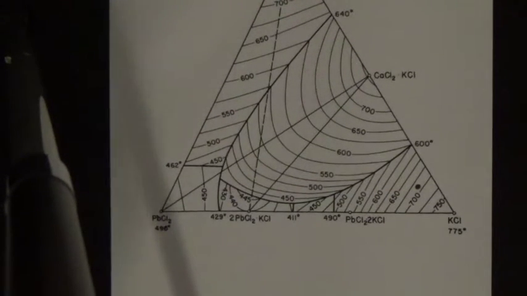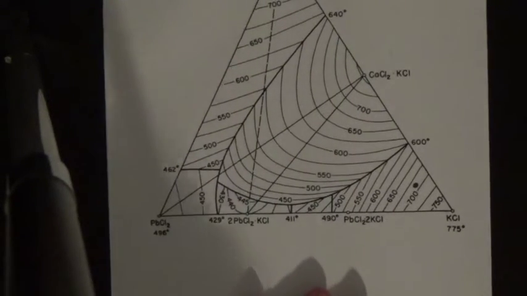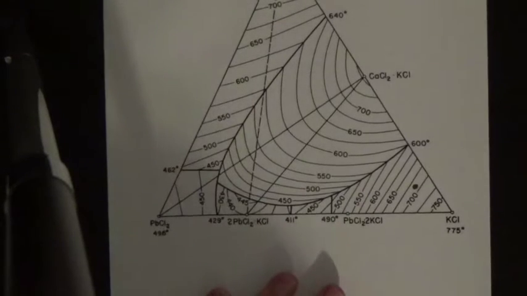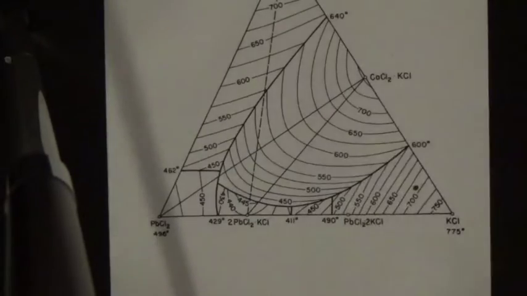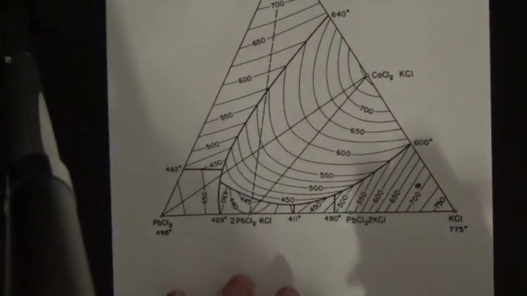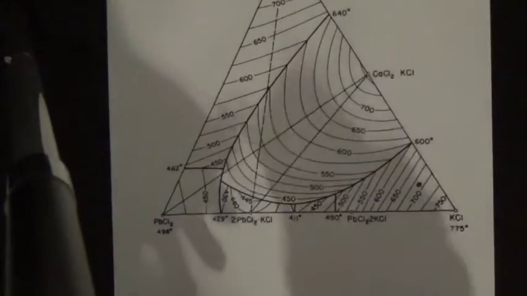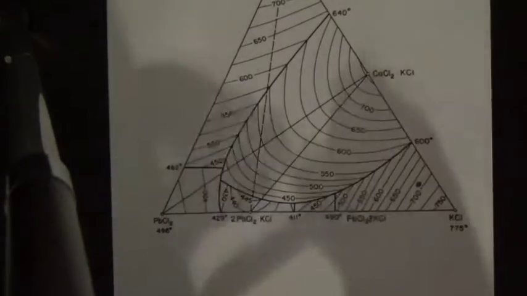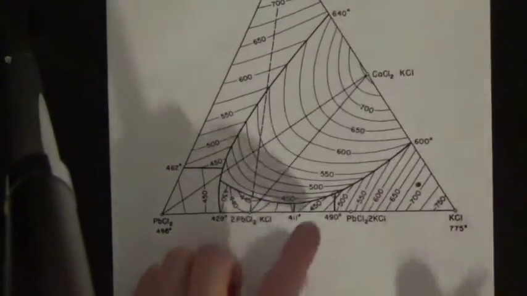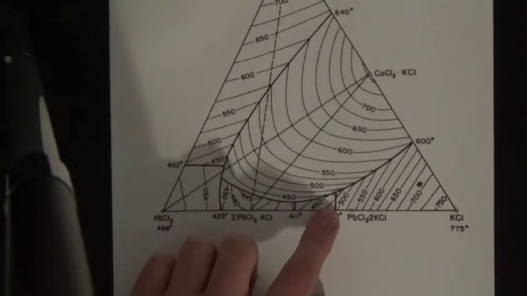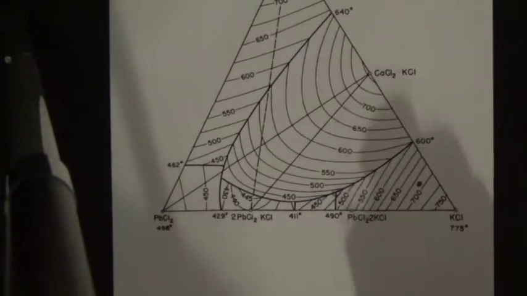So let's pick a couple examples. Let's first pick someone with composition, say right here. Okay, so we start with that as our composition. We have to determine where it's going to wind up, and we do that by drawing out our compositional triangles, and also identifying the ternary points. Here, I'm going to change colors. There's a eutectic, and that eutectic corresponds to that region.